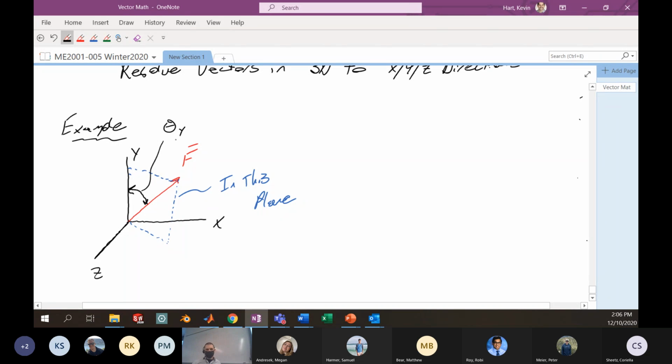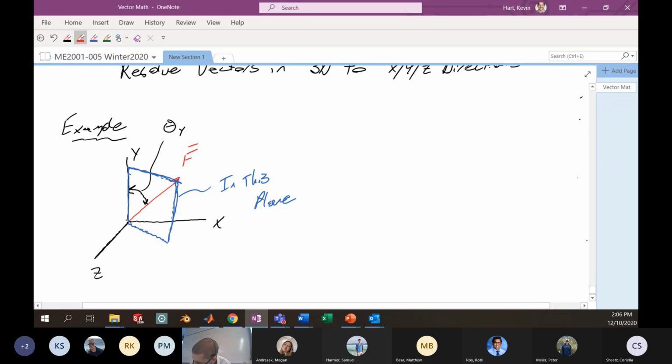All right. So just like we do in 2D, we could take this force F, which is in this 2D plane here. You see we have this two-dimensional plane. We could resolve this force F into a y direction and a direction that's in the xz plane. So what do I mean by that?